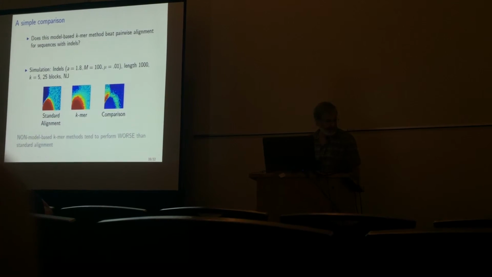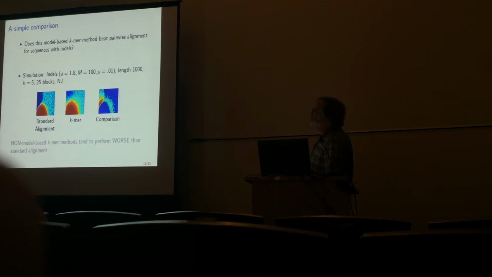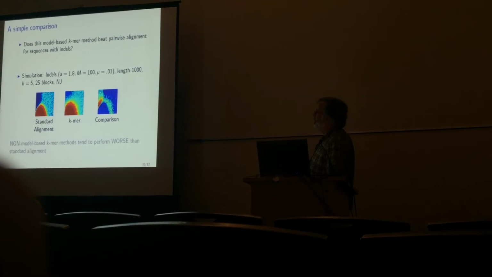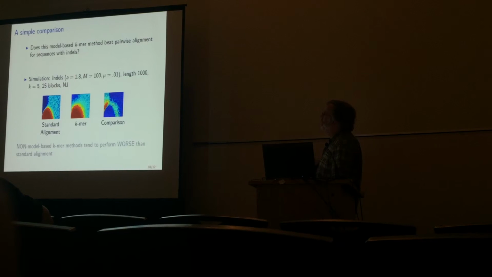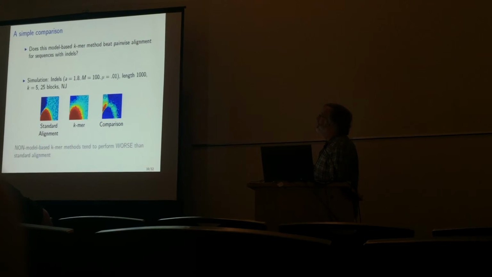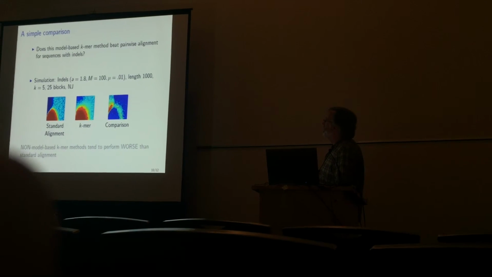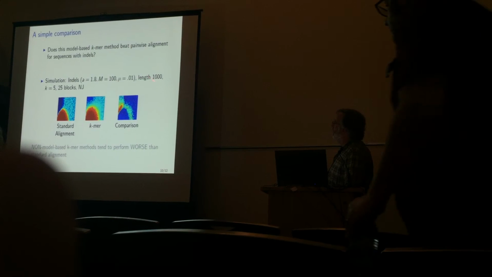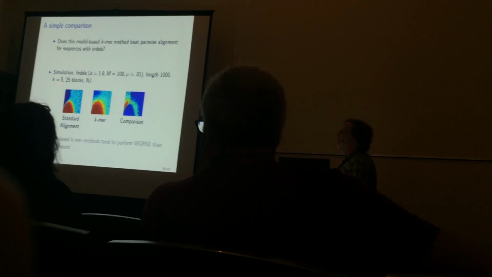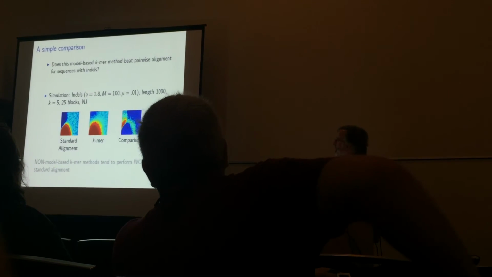Okay, so to compare this to the traditional method, this is just one particular comparison. You can ask, is the k-mer method better than doing pairwise alignment or not? So in this particular simulation using 1,000 length sequences with a certain indel process, I'm choosing to use 5-mers with 25 blocks in neighbor joining.